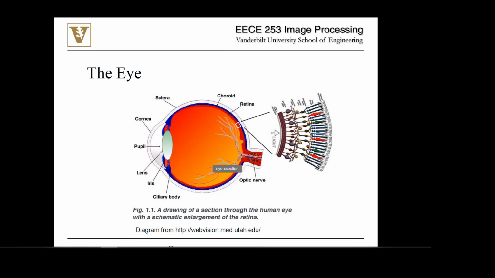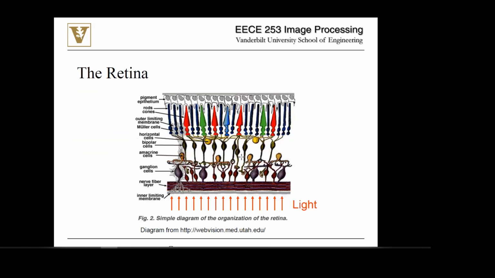Okay, so we have this light coming in, and then it goes to the cells, and the cells transform light into a chemical signal, and this chemical signal into an electric signal. And actually, there's a protein that does that. It is not mentioned here in the slides, but if you're interested, it is called rhodopsin.